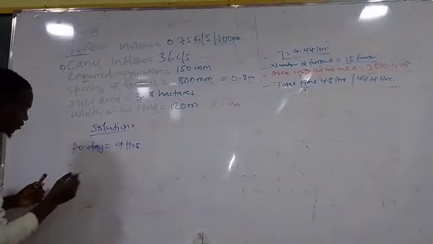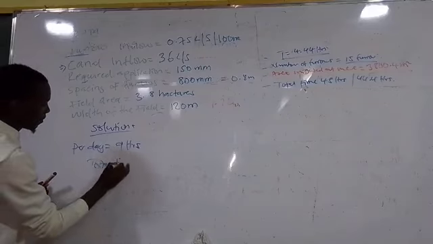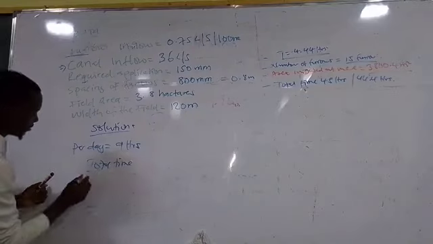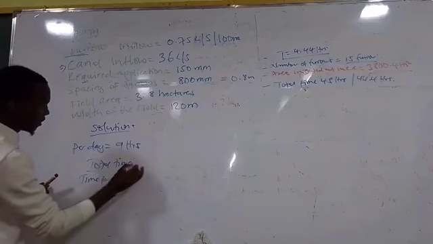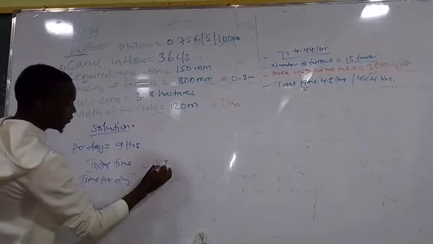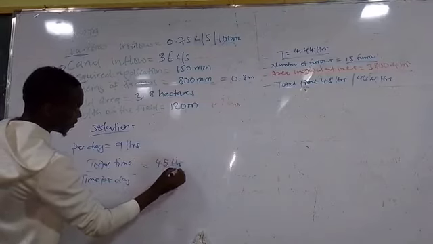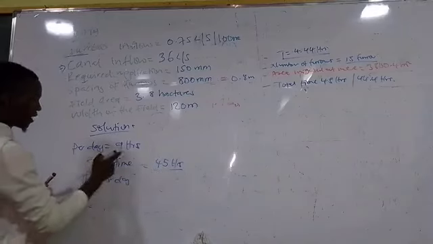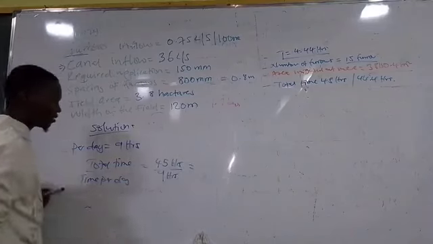So it will be total time divided by time per day. Total time is how much? 45. We are using 45 hours. You divide this by time per day we are using, which is 9 hours. This gives how much? 5.